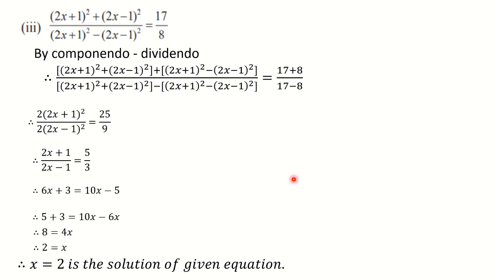So be very careful about writing second step. Take care of plus and minus sign here.